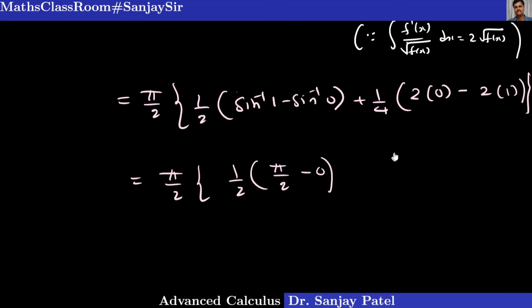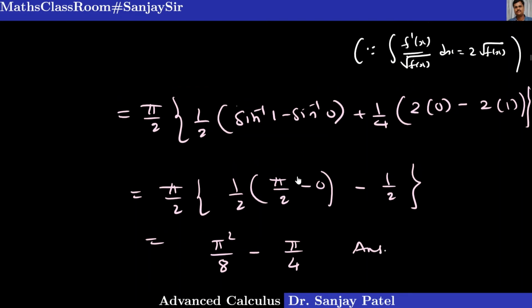This is equal to minus 1 by 2. So simplifying further, what will be the final answer is very simple. It is pi square by 8 minus pi by 4. Okay, so this is the answer for this problem.